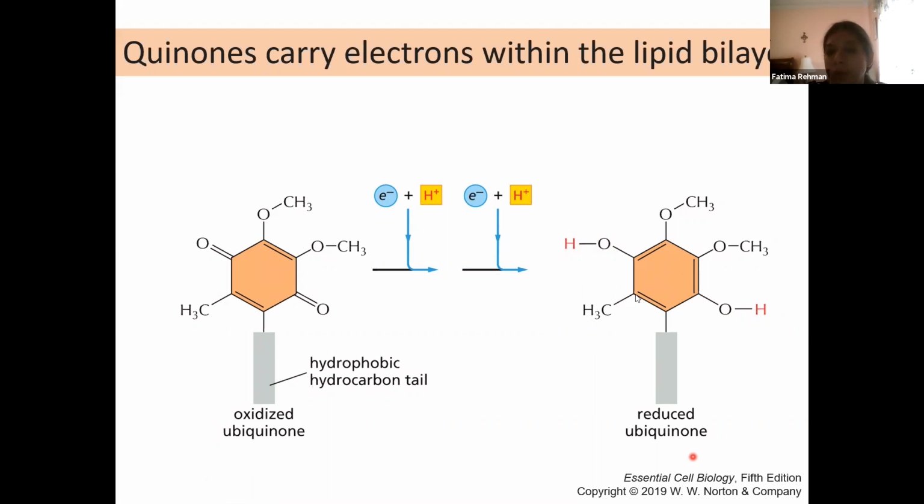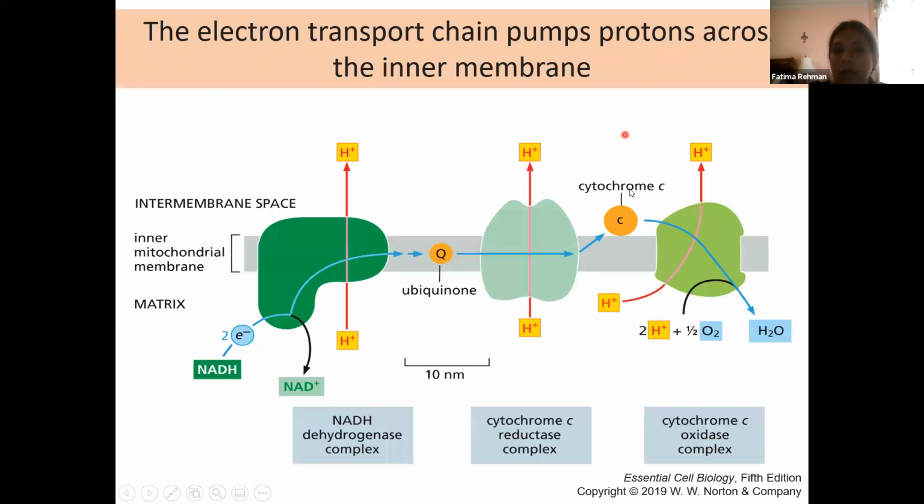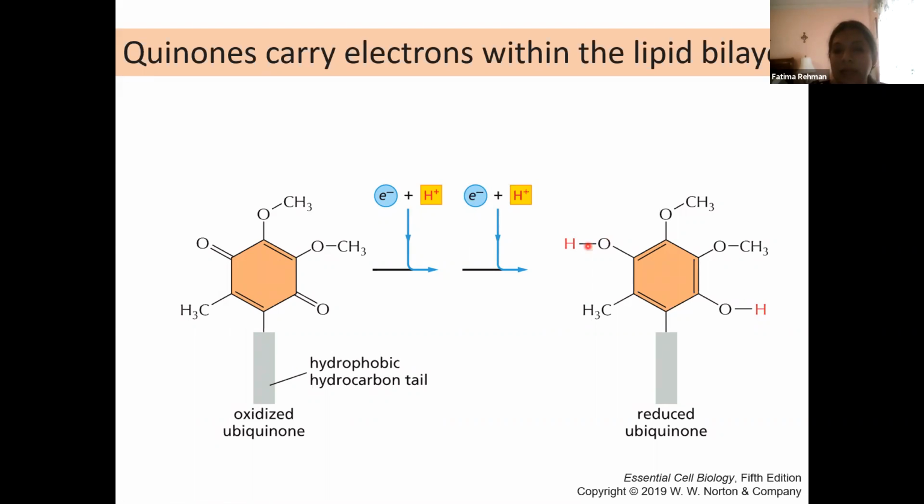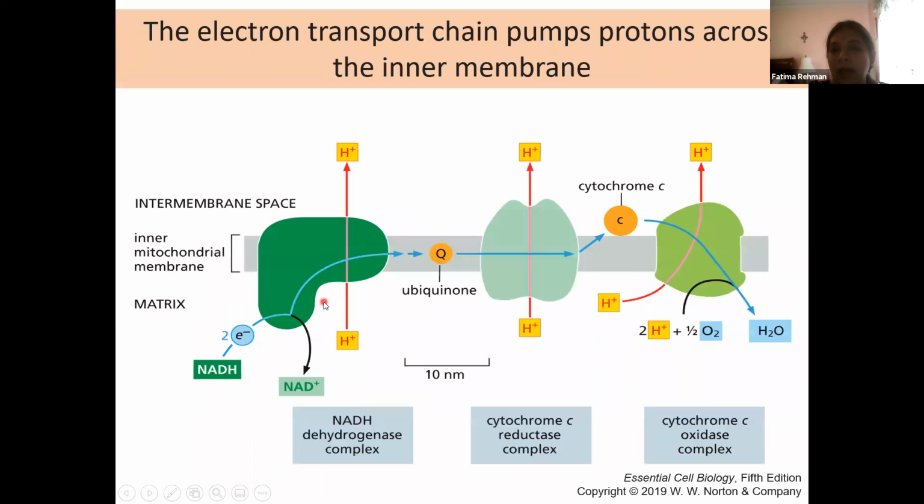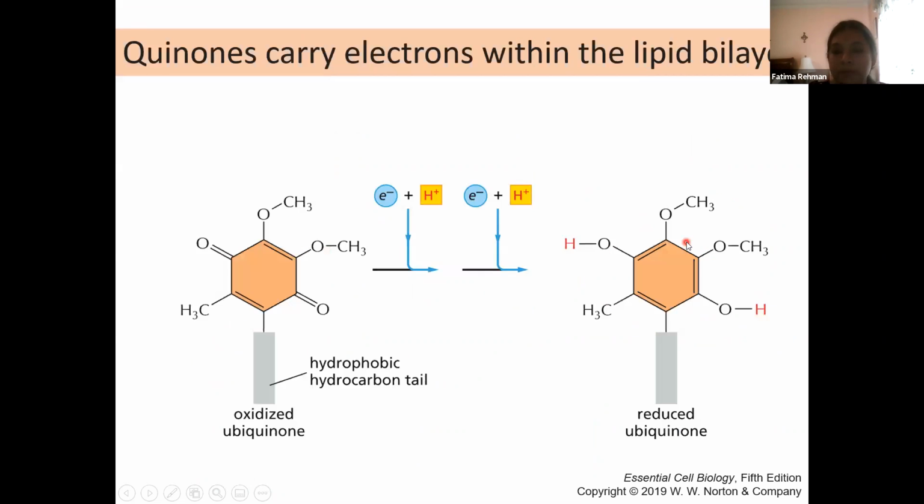That's your reduced ubiquinone. That's what's going to go into the cytochrome C reductase complex. And inside, it's going to get broken down again to its oxidized state so that it gets the double bonds to the oxygen again. And those protons then get shuttled into the next step through here.